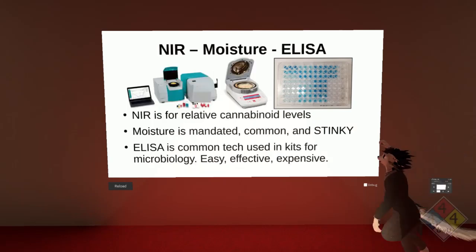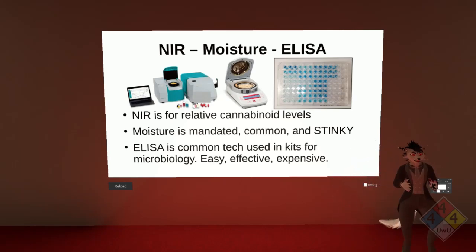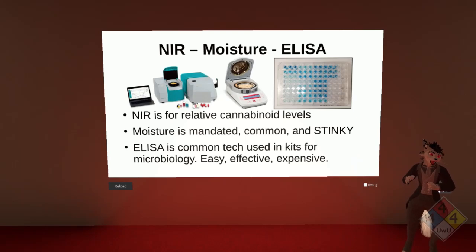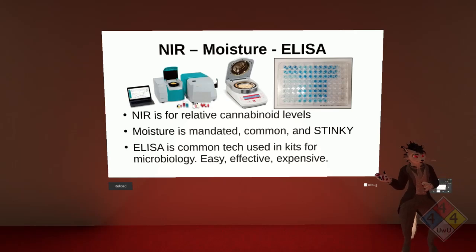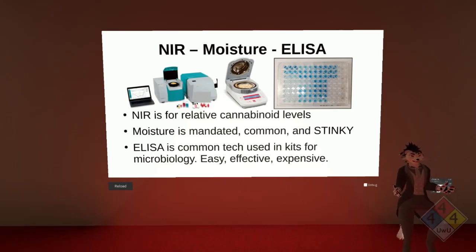Now, NIR, moisture, and ELISA. This is where we're getting outside of the laboratory testing, but it's worth discussing. With NIR, near-infrared systems, this is used for moisture or cannabis potency testing. This is a non-destructive test, so you could just take the flower, grind it up, and throw it on there, and there's a lot of benefits to it.